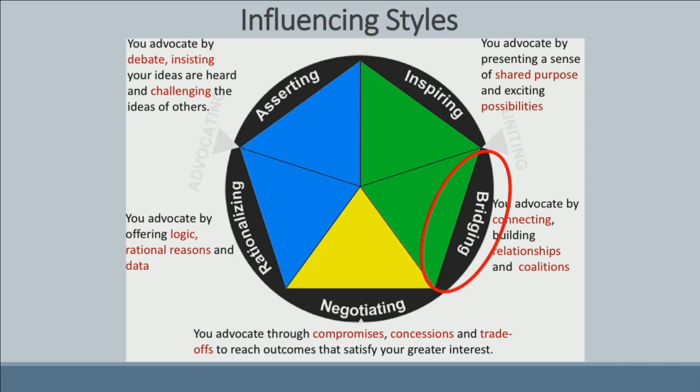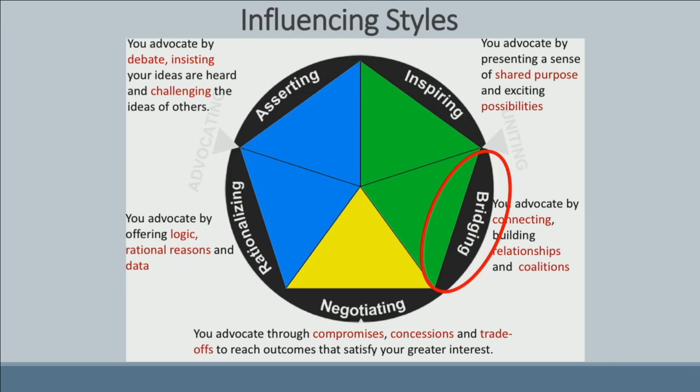Now, I could also bridge. Bridging's interesting. Bridging assumes that the power resides in the shared space we have between us. If you can imagine a Venn diagram, the degree to which your circle and mine overlaps, that's the bridge we share. And power resides in our understanding that, in our creating that space, in our nurturing and building that space, affirming that space.